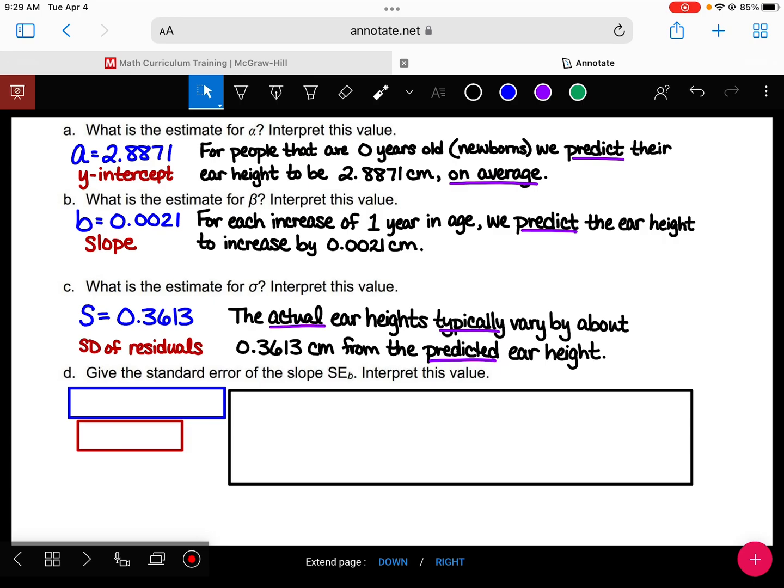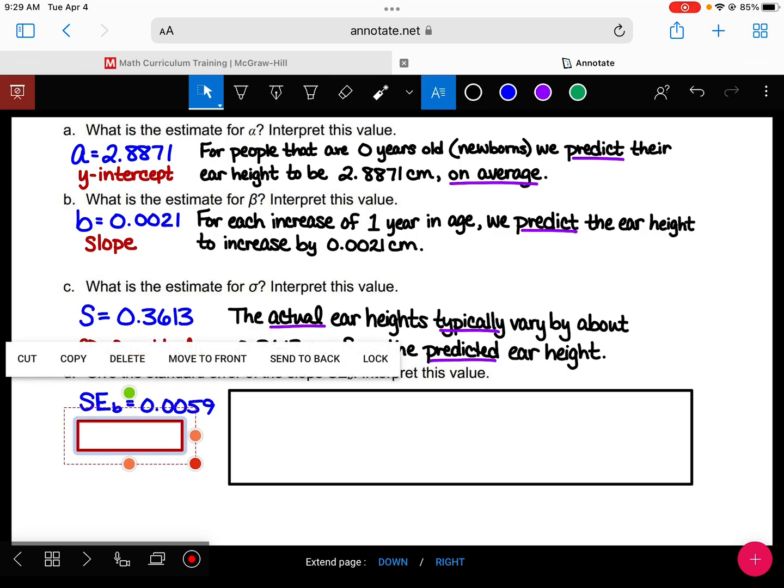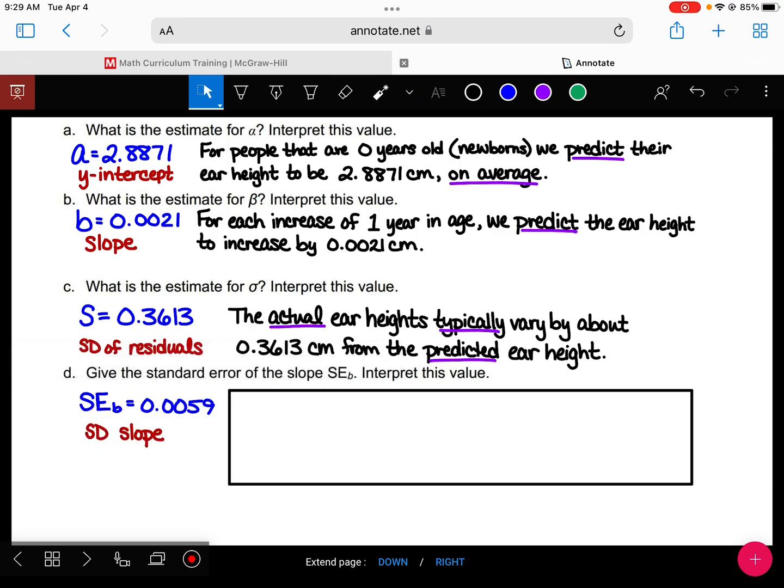And then the standard error of the slopes, SEB, 0.0059. That's the standard deviation of the slope. How is this different from this?